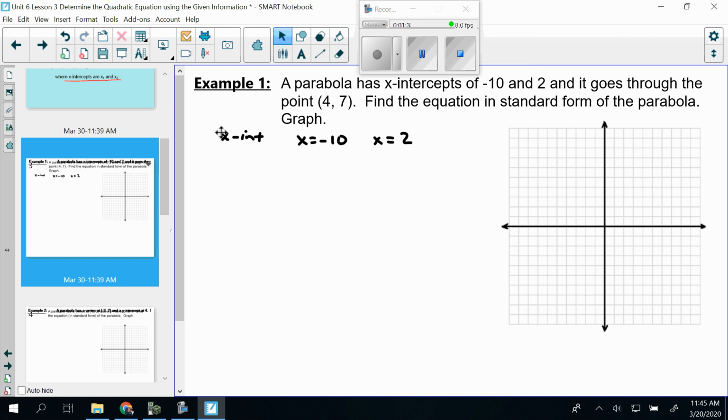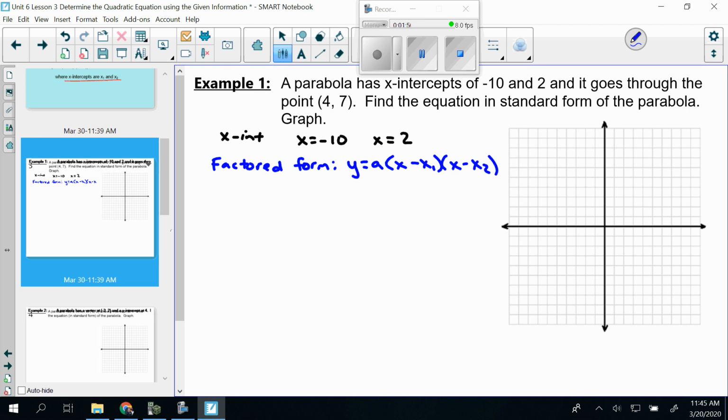So what we know is in factored form, our equation then is going to be y equals a times (x minus x1) times (x minus x2). So in this problem, our x1 is going to be this one, our x2 is going to be this number. So now we want to plug those in and see what we get.